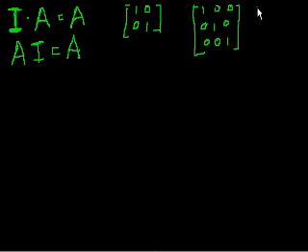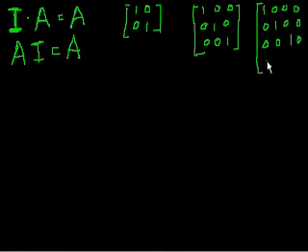If you want a 4 by 4, the identity matrix is 1, 0, 0, 0, 0, 1, 0, 0, 0, 0, 1, 0, 0, 0, 0, 1. We could extend this to an n by n matrix: you just have ones along the top left to bottom right diagonal, and everything else is a 0.